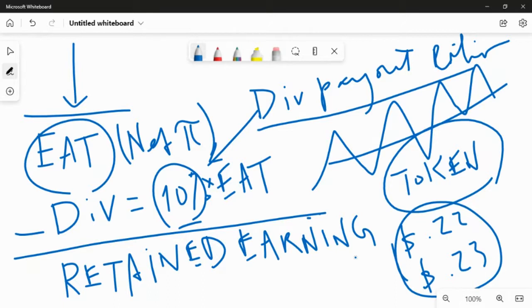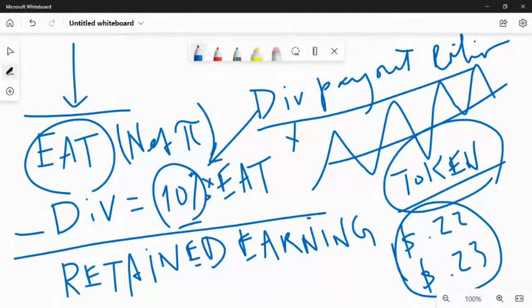Then dividend is not really a big deal, right? Because it's just a token. Apple shareholders don't care much about the dividend, unless you have 1,000,000 shares of Apple.